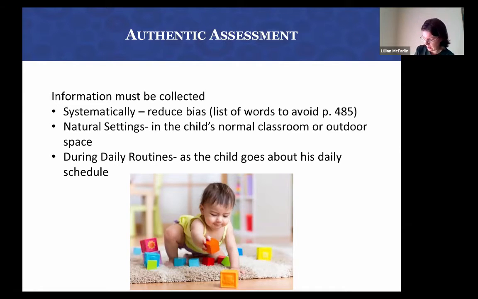Other words that you would avoid are not nice words to share about a child. So saying a child's aggressive, or saying the child is bossy. Those aren't words that indicate that the child is pleasant. Instead, you would write what actually happened. So if you think the child is bossy, write exactly what they did that you thought was bossy. So when we were playing outside today, Abigail told everybody what part of the playground they should play in.